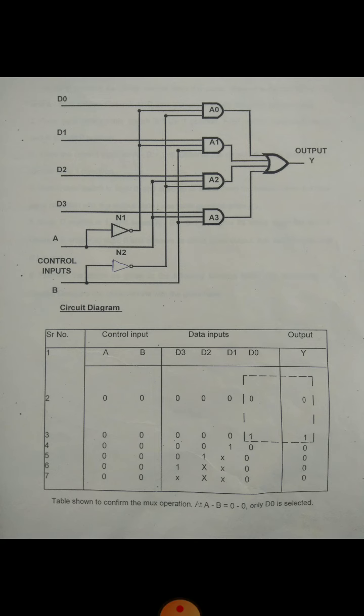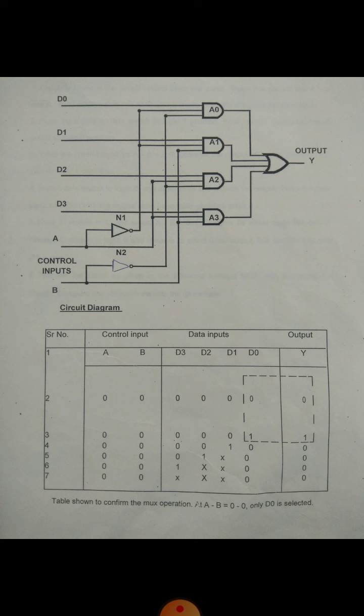Like when D1 is 1 but control signal is 0 0, D1 will not be at the output. For D2, it will not be presented at output when control is 0 0. When D3 is 1 and control signal is 0 0, D3 will not appear at output. Only your select input D0 will be at output for control input 0 0.